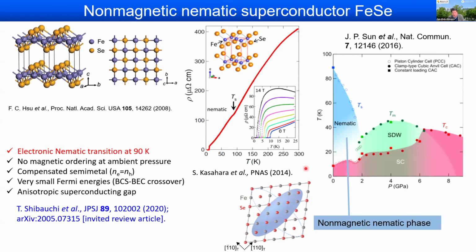And if you apply hydrostatic pressure, then Tc goes up from 9 Kelvin to like 40 Kelvin. However, there is a pressure-induced magnetic phase, which hindered the understanding of the relationship between the non-magnetic nematic phase and superconductivity.